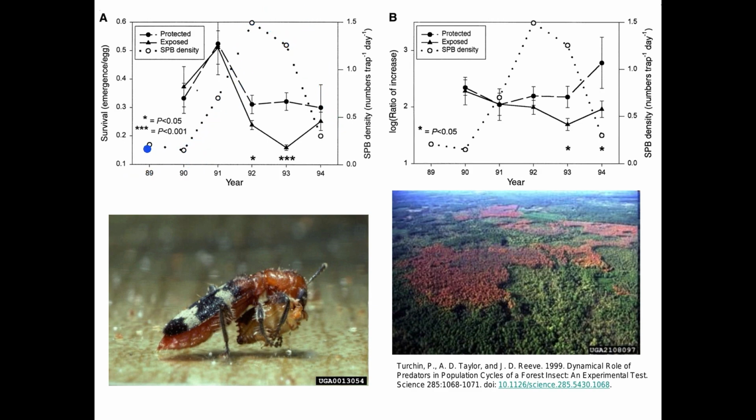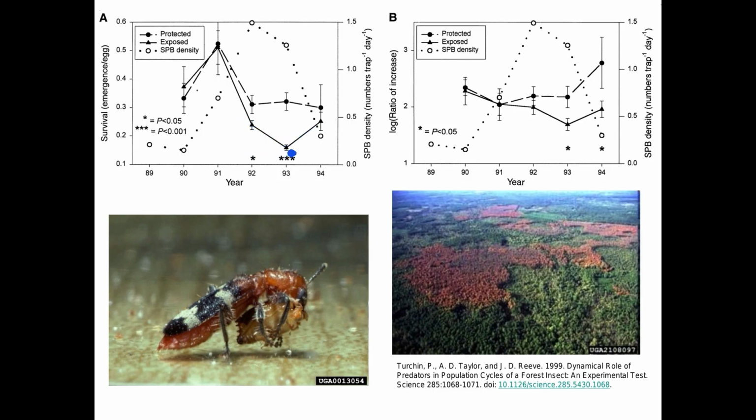And bark beetles are actually one of the better understood, or better studied, systems that we have. And one thing that this group of researchers found doing an experiment looking at one of the predators of the bark beetles, here you can see this clerid beetle feeding on an adult of the southern pine beetle, is that when you compared trees that were either protected or exposed to the predatory beetle, survivorship was significantly lower when the predatory beetles had access to those trees.